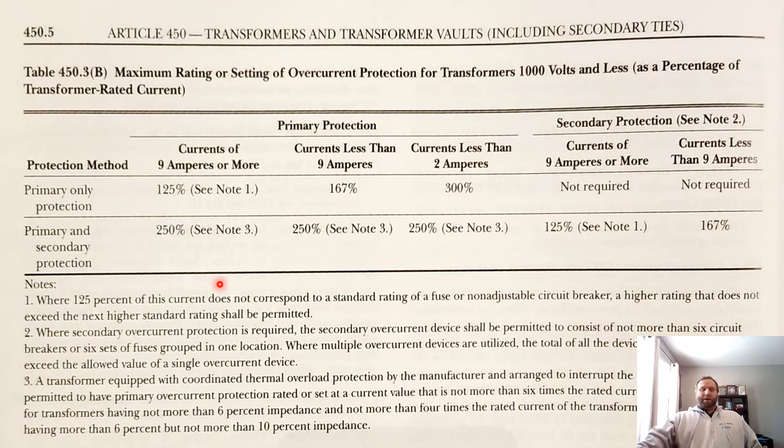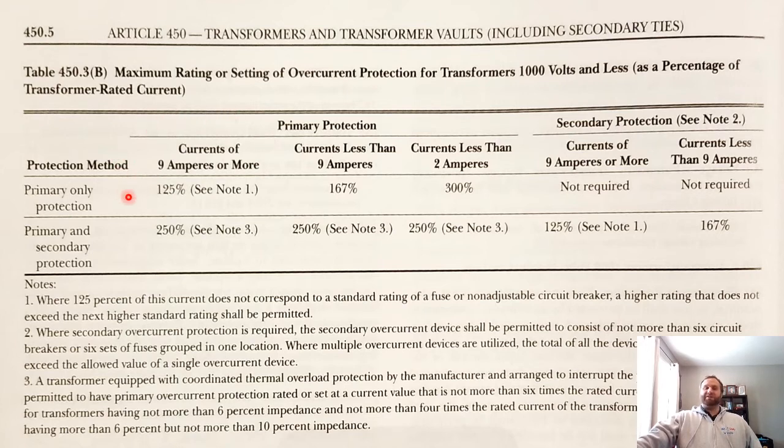Now, one thing to note is note number 1. Note number 1 says where 125% of the current does not correspond to a standard rating of fuse or non-adjustable circuit breaker, a higher rating is permitted. That only applies if I've only multiplied my overall current by 125%.